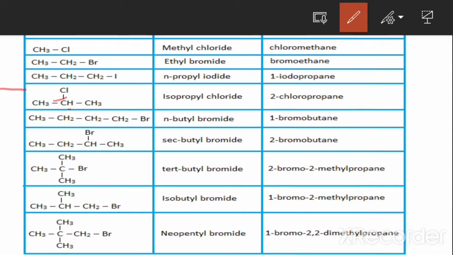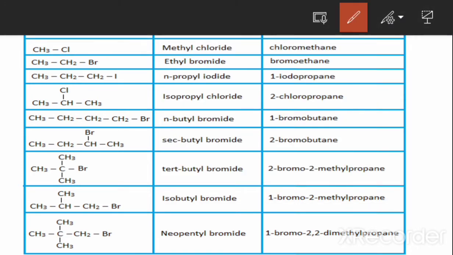The common name is isopropyl chloride, and for the IUPAC name, the number of the carbon that is attached with the halogen or other group, we will number it 2, and the group name chloro, and the chain name is propane.